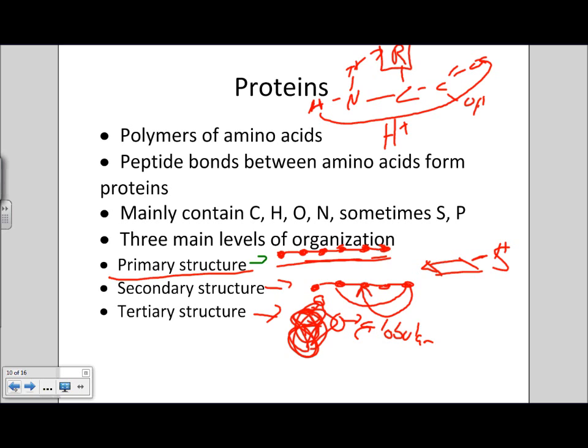A good example of what can go wrong with this is sickle cell anemia. With sickle cell anemia, one amino acid is switched out for another. That's it. Glutamic acid and the valine are switched around. So one amino acid is replaced, and just by that one amino acid being where it doesn't belong, that's what causes sickle cell anemia.